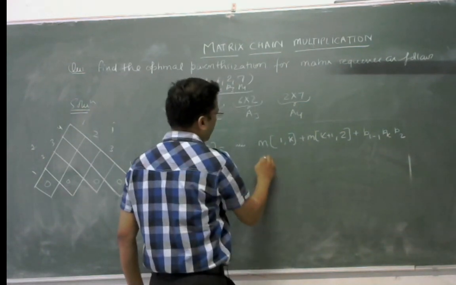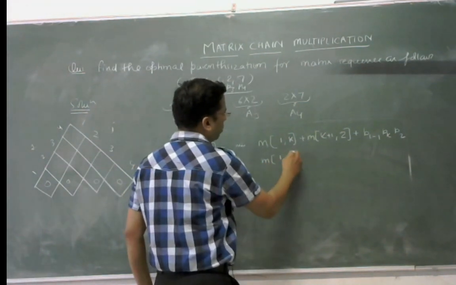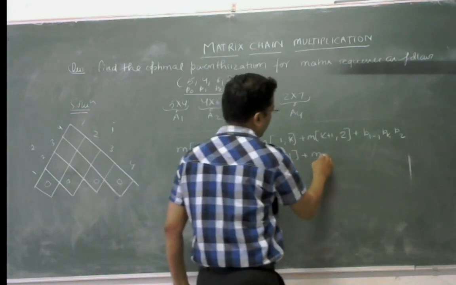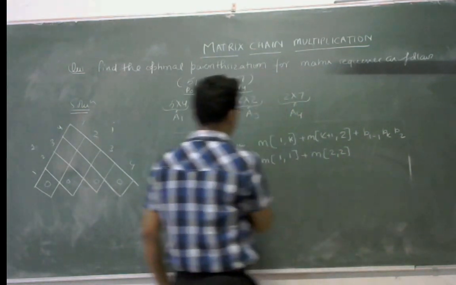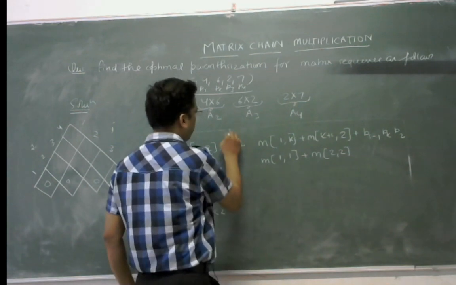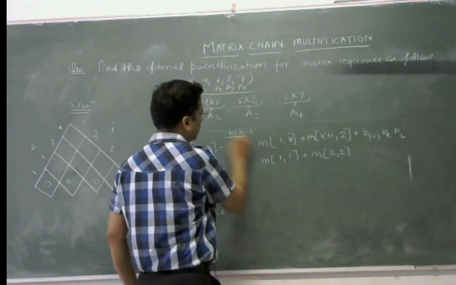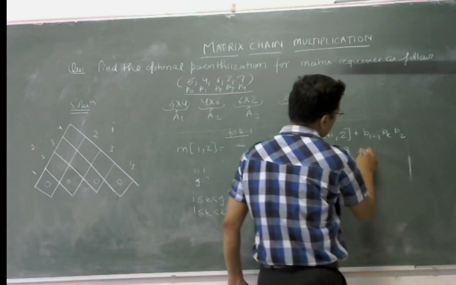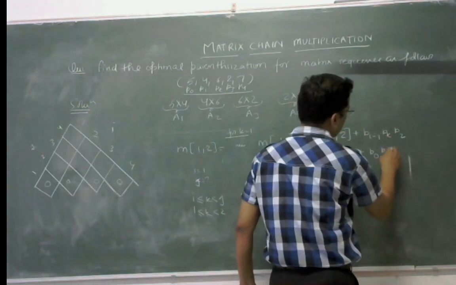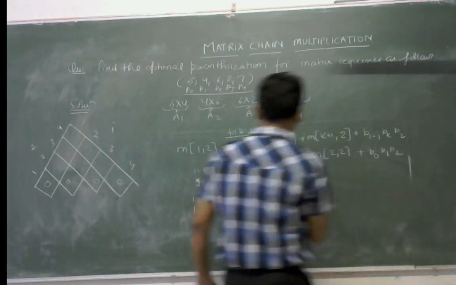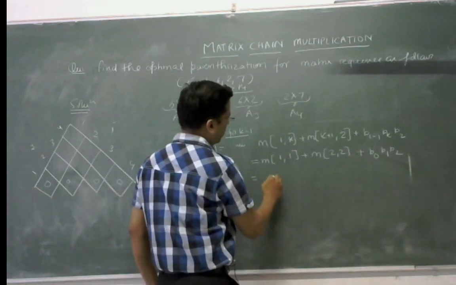Placing the values for k equals 1: M11 plus M22 plus P0 P1 P2.